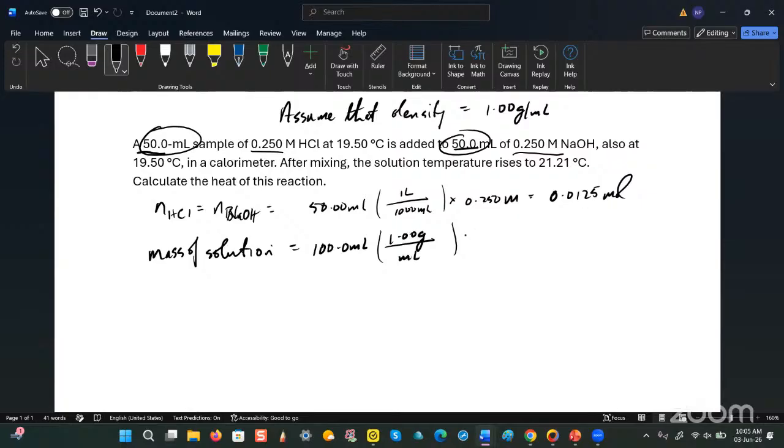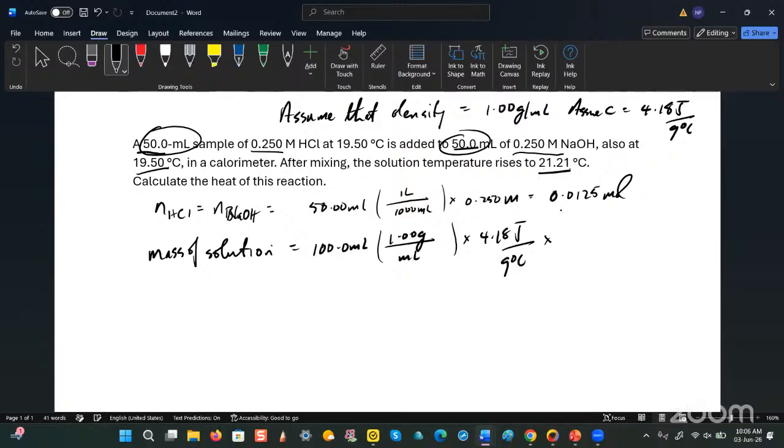And then we're going to multiply that by the specific heat. So that's another assumption that we're making. We assume that the specific heat of the solution, when you mix them, is equal to the same as water, 4.18 joules per gram degree Celsius, right? So that should be another piece of information that should have been included in this question. So let me correct this here. So this would be 4.18 joules per gram degree Celsius. And then we multiply by the temperature change. What's the temperature change? Well, the final temperature is 21.21.